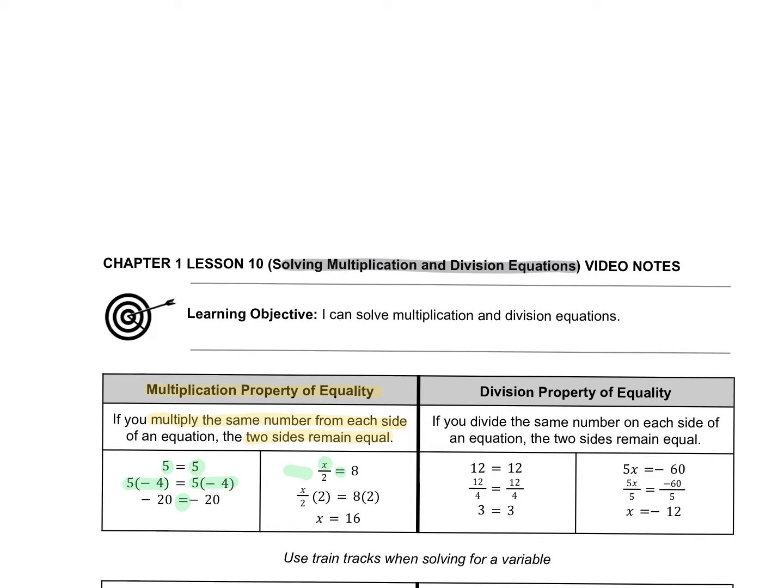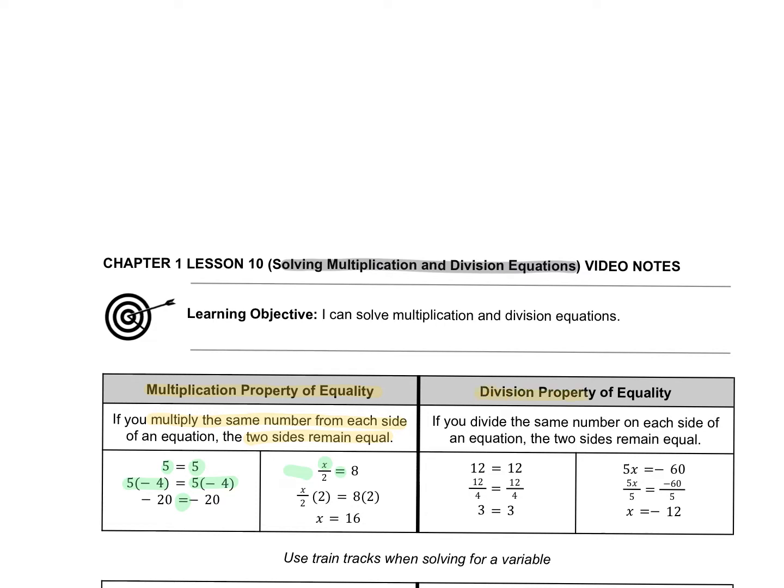So what we do is we undo that operation by multiplying. And we can see here, if you remember your fractions, that's over 1, because 2x over 2, if you multiply it straight across, 2 over 2 is just 1. So this represents our solution that would keep both sides of the equation equal.